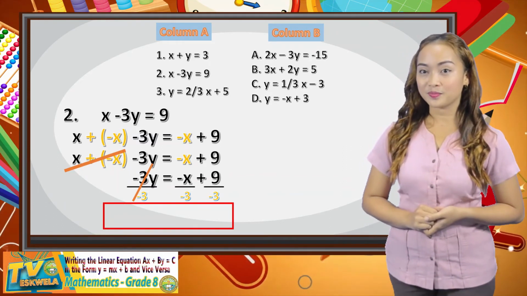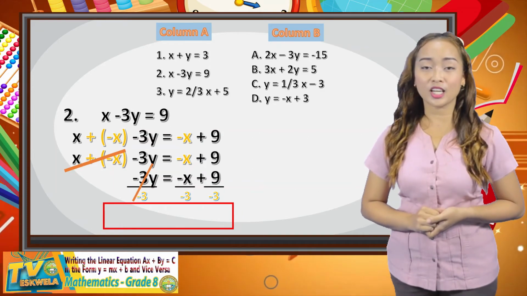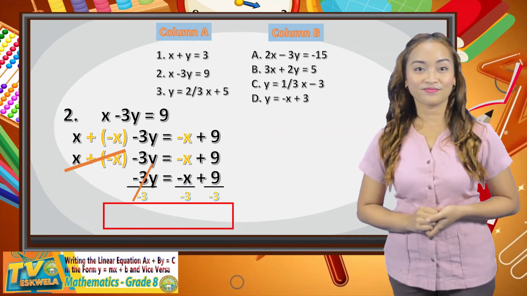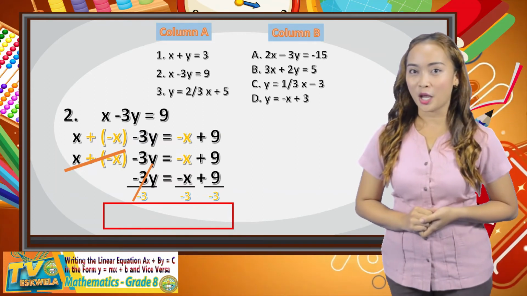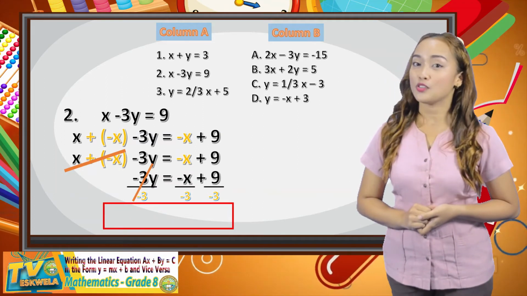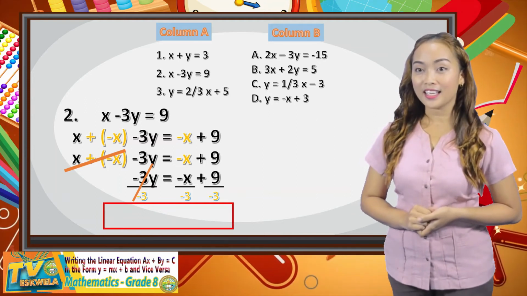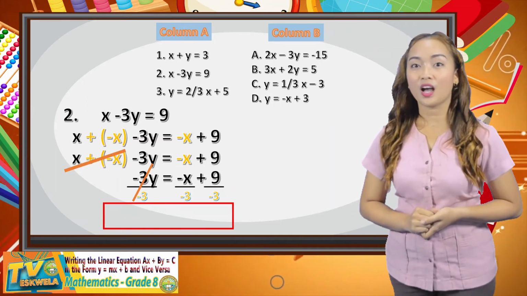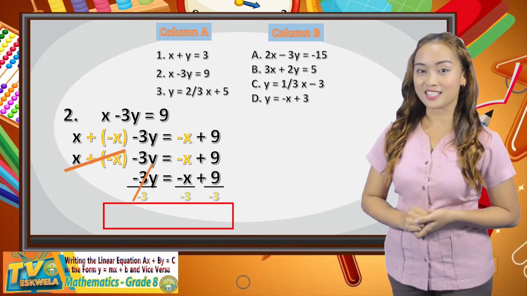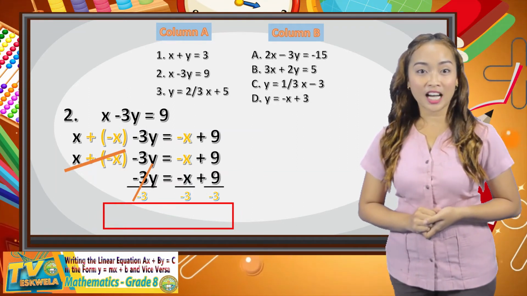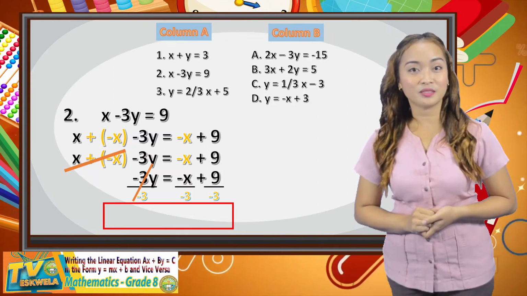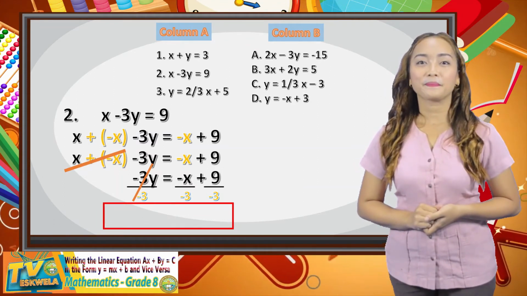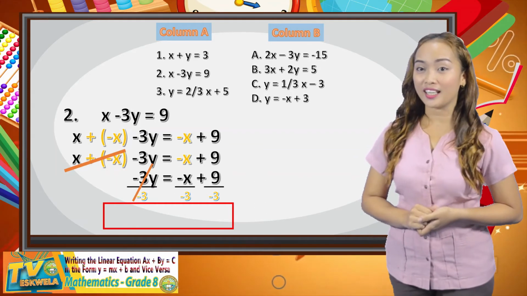We got y is equal to negative divided by negative is positive. So, y is equal to 1/3 x, positive 9 divided by negative 3 is negative 3.